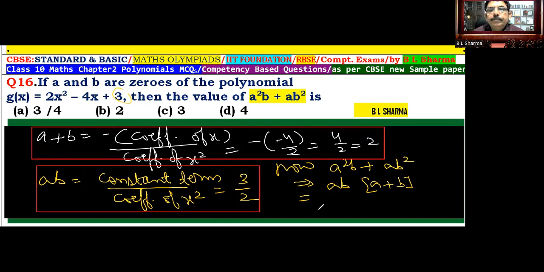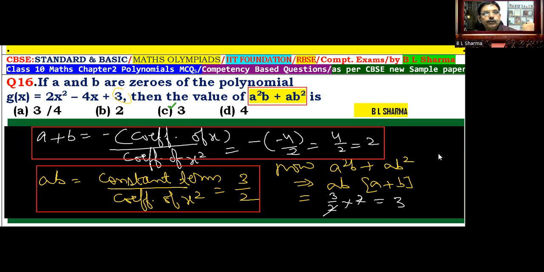So a into b, that is 3 by 2, and the sum of zeros, that is 2. 2 and 2 cancel, and what is left? 3. So the value of a square b plus a b square will be 3. So C is the correct option here.